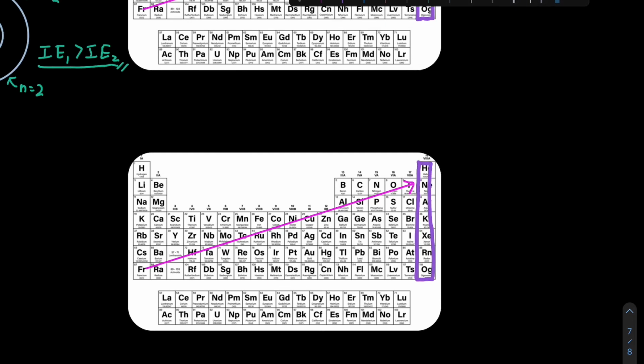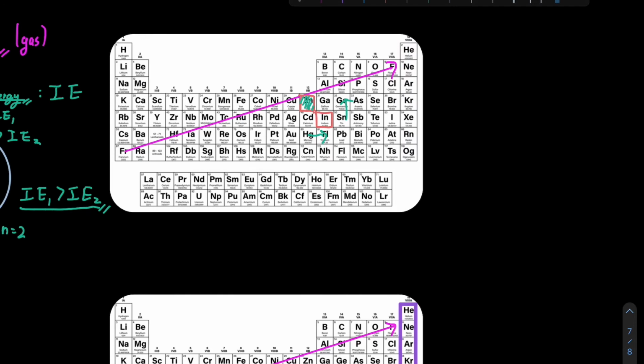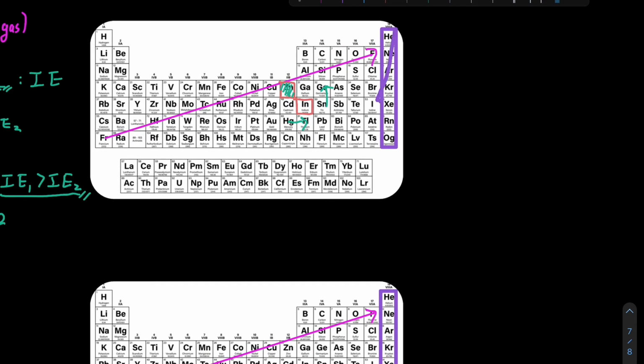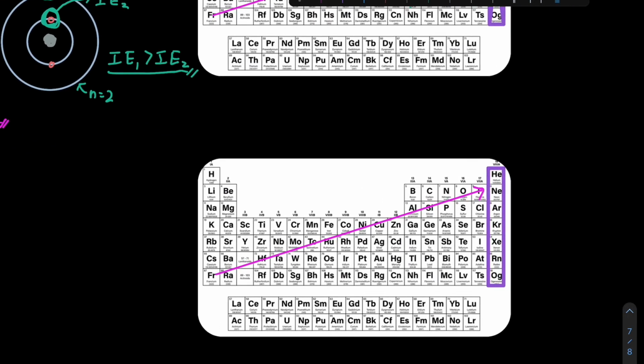They are not very active and they do not want to bond because their valence electrons are already full and very stable, so they are not very reactive, and these noble gases are not counted and not considered when talking about ionization energy or electronegativity due to the fact that they do not bond with each other. So noble gases aren't considered.